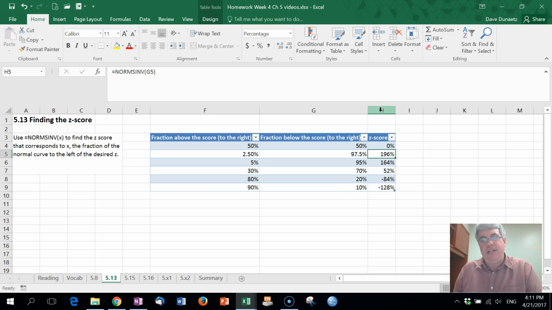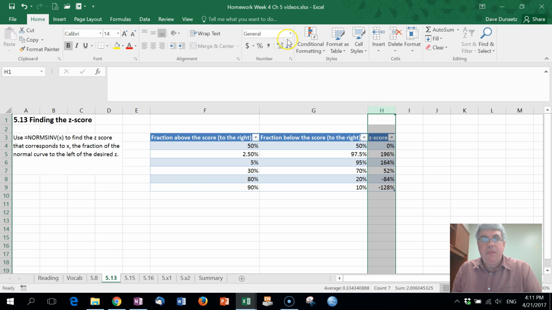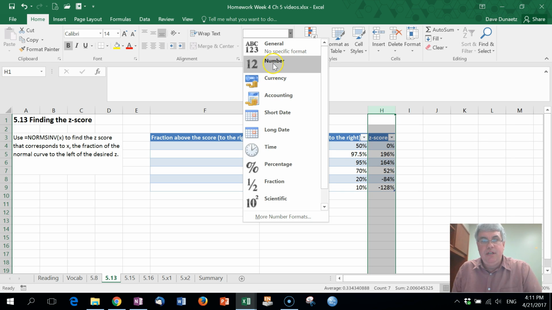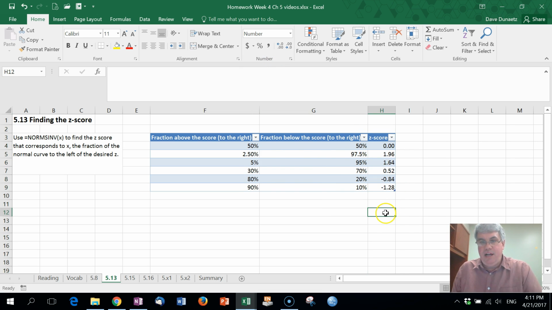Oh, it's put everything in percentages. So that's never how we talk about z-scores. Let's highlight the whole column and change that from the percentages to numbers. Aha, and those look a lot more like z-scores. 50% is 0, 2.5% when there's only 2.5% of the scores above something, the z is 1.96.